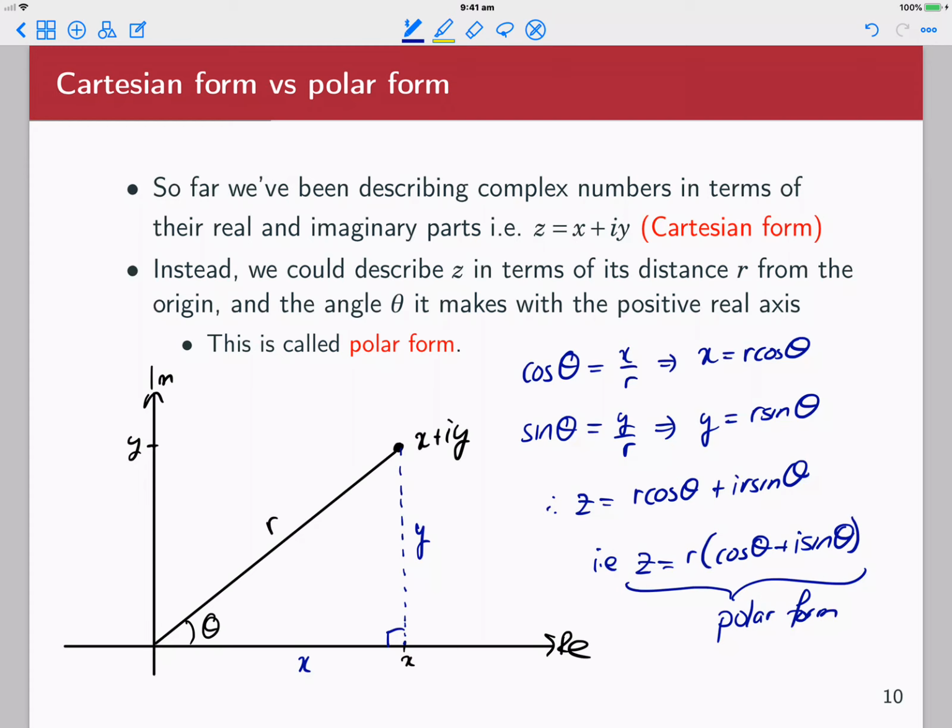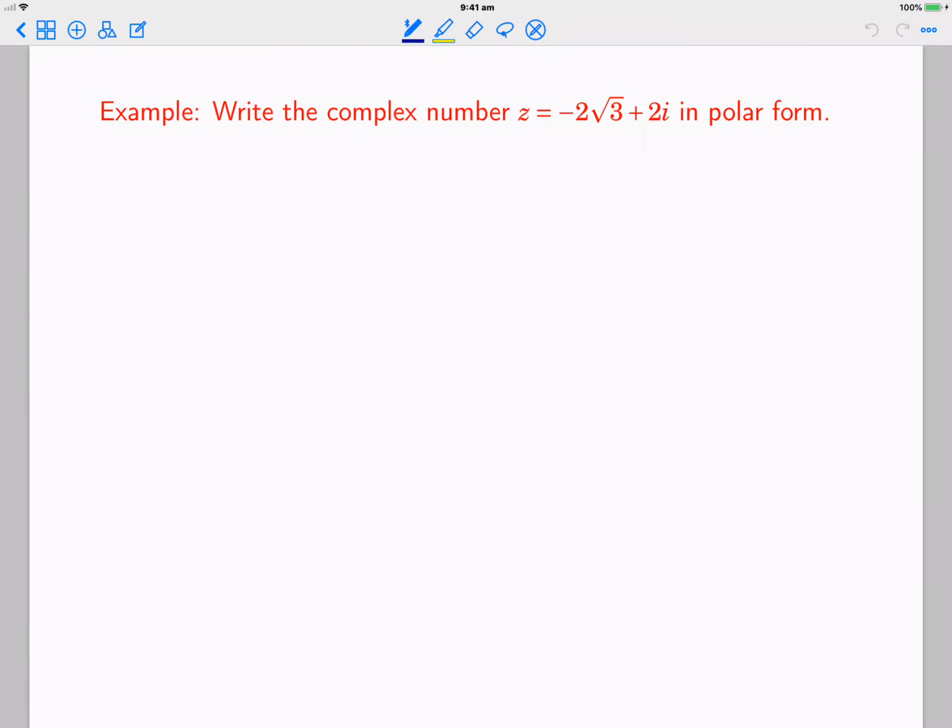And this is another popular way of describing complex numbers. When you write a complex number in this form, you're describing it using its distance from the origin, r, and the angle theta, which it makes with the positive real axis. So one of the things that you need to know how to do is to take a complex number which is in Cartesian form and convert it into polar form, or vice versa.